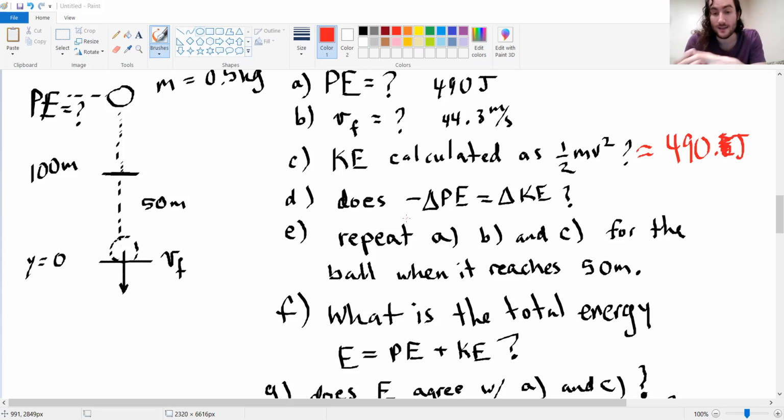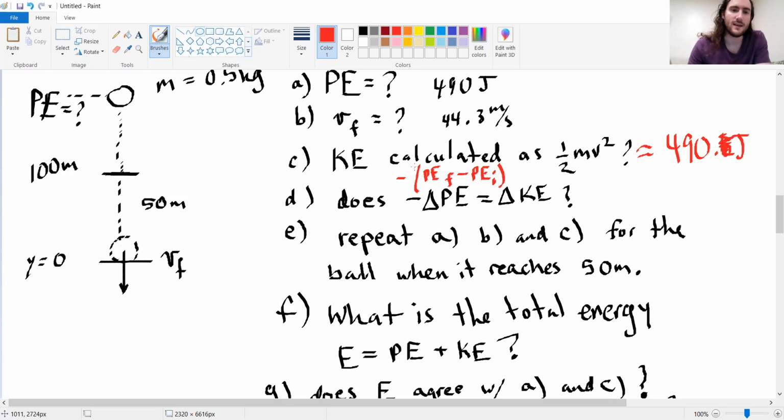So does the negative change in potential energy equal the change in kinetic energy? Well, this thing starts with 490 joules, and then its potential energy at the ground is 0. So what's the change? We do potential energy final minus potential energy initial. So what's the change in potential energy?